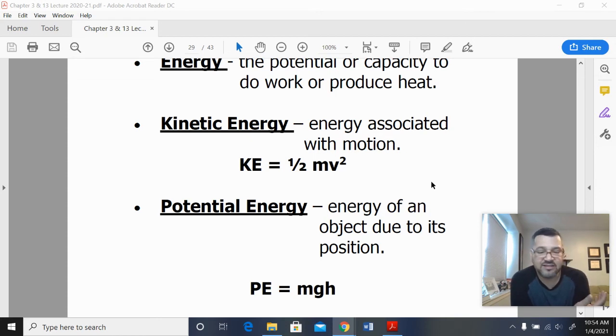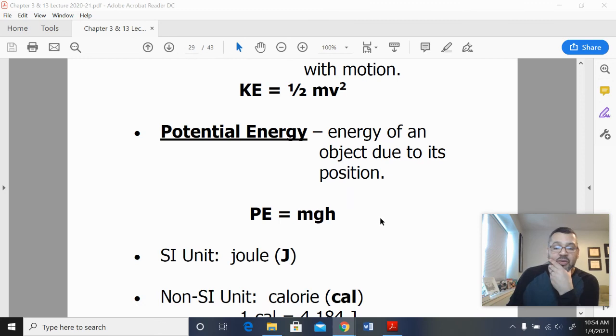So the more mass something has, obviously, if I drop, again, a bowling ball versus a tennis ball, it's got more mass, it's going to have more potential energy. If I drop a tennis ball from a higher height, when it hits you in the head, it's going to hurt more, right? It's going to have more energy transferred to you. So that's kinetic energy, and that's potential energy. So kinetic energy is the energy of motion, and potential energy has to do with its vertical position, okay? So we have those two.